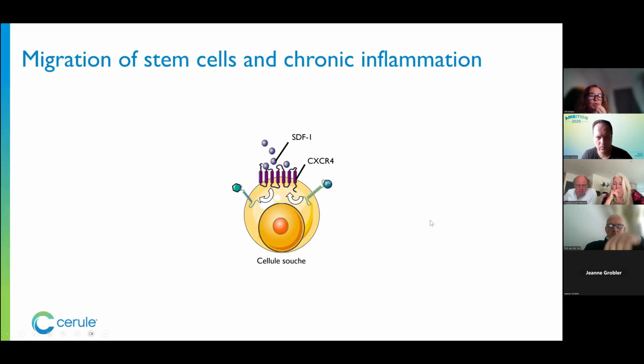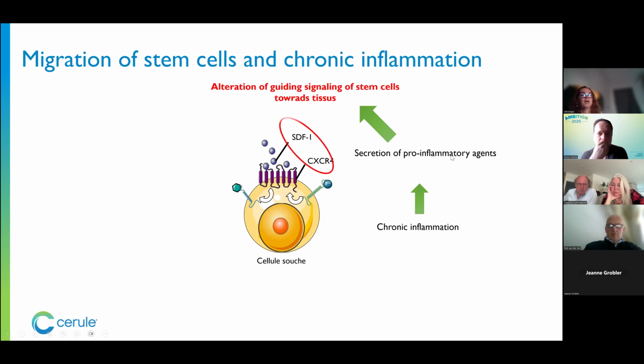What we know is that this chronic inflammation will secrete pro-inflammatory agents, and these pro-inflammatory agents will alter the binding of SDF1, which is really the guiding molecule of stem cells, because the binding of SDF1 with stem cells, especially at the surface to CXCR4, won't be possible, and so there will be a dysfunction of stem cells because the migration of stem cells will be altered.